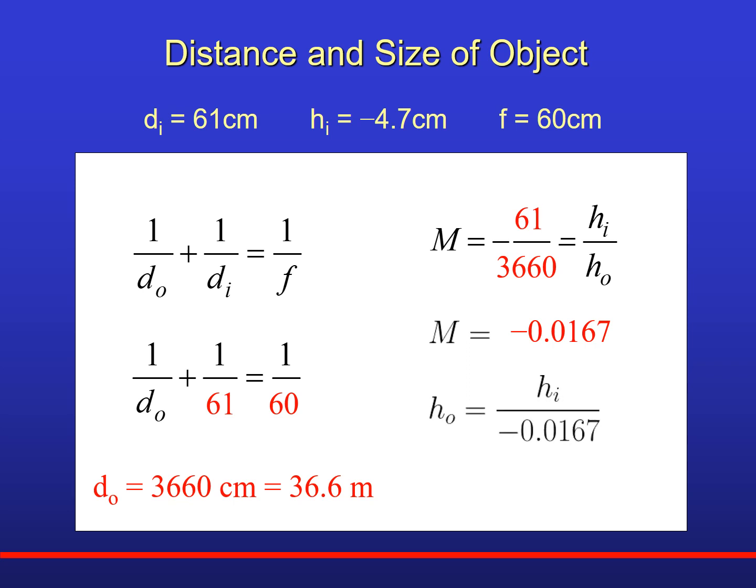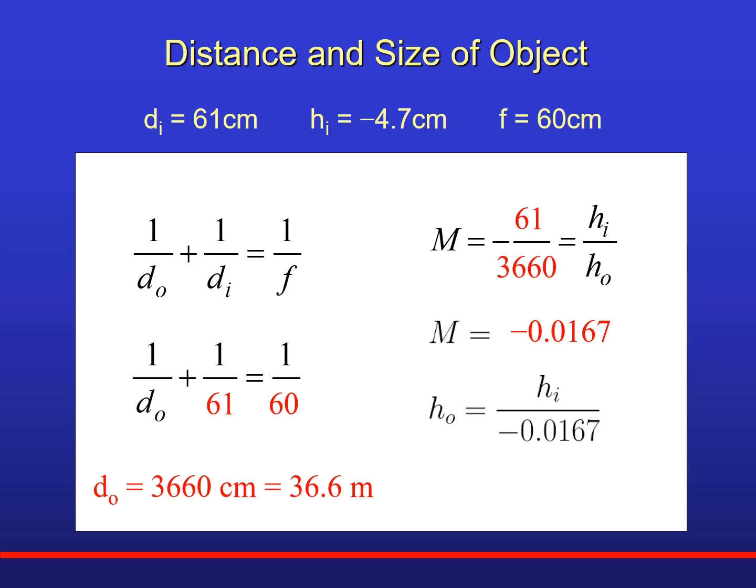Now, if that number equals h_i over h_o, we want to solve for h_o. Well, you'd have to multiply both sides by h_o, divide both sides by m. You find that h_o is equal to h_i over m, minus 0.0167.